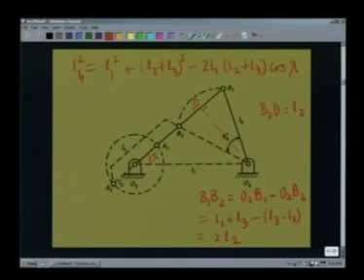So, O2D, which is O2B2 plus B2D, and O2B2 is L3 minus L2, plus L2, which is L3. So, cosine of this angle chi is O2D divided by O2O4.